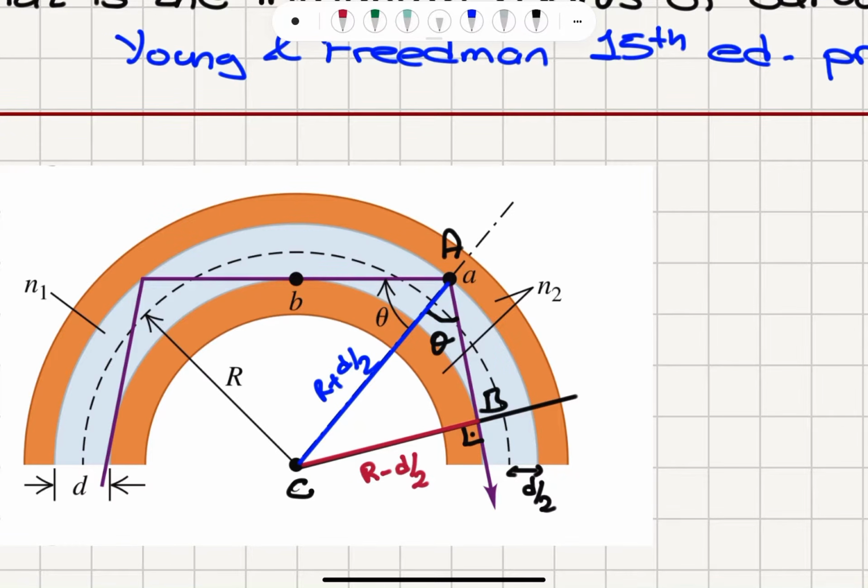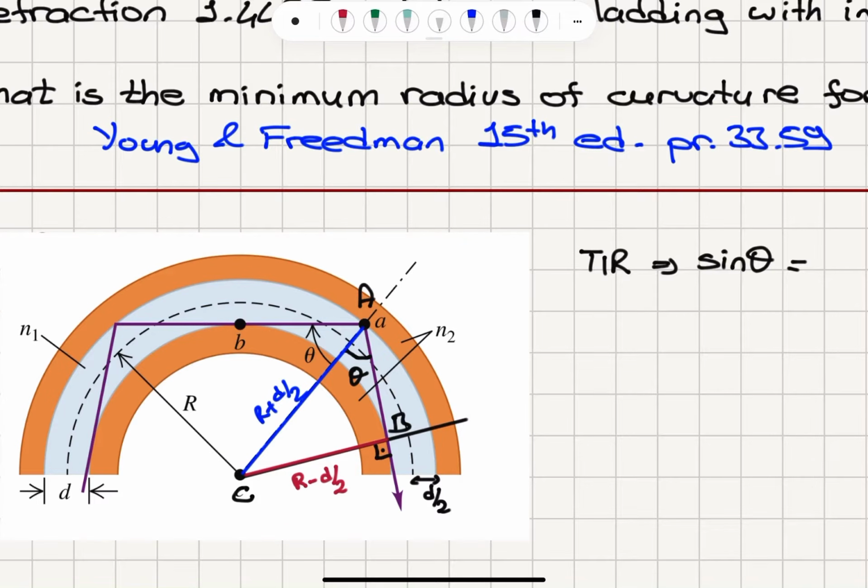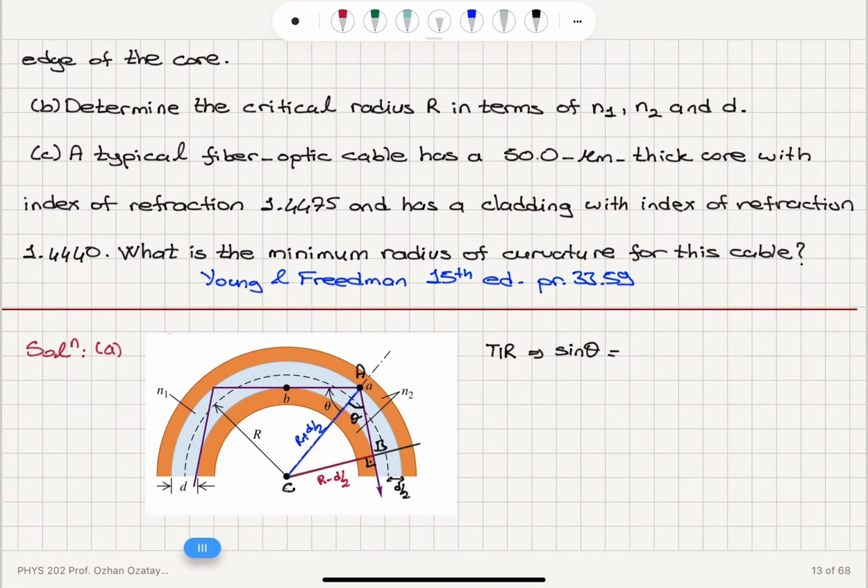This angle theta, due to the law of reflection, will be the same angle theta here when we have total internal reflection. So in part A, because we have a 90-degree angle on this side, sine of theta is going to be equal to capital R minus d over 2 divided by capital R plus d over 2.